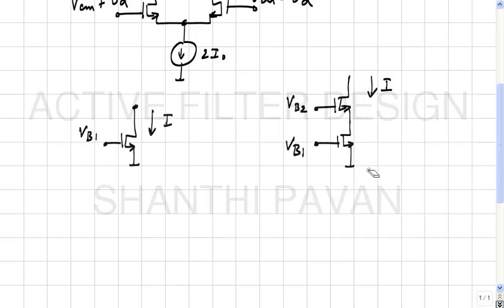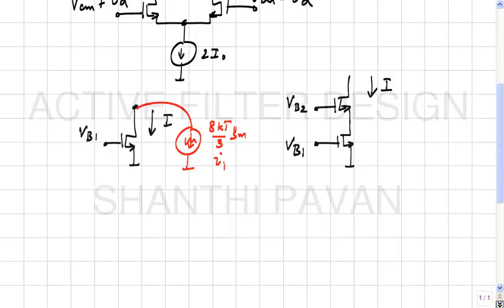Okay. Now, as we all know, transistors not only have the quiescent current but also have noise. In other words, this is 8 kT by 3 gm, the spectral density of this noise current source.